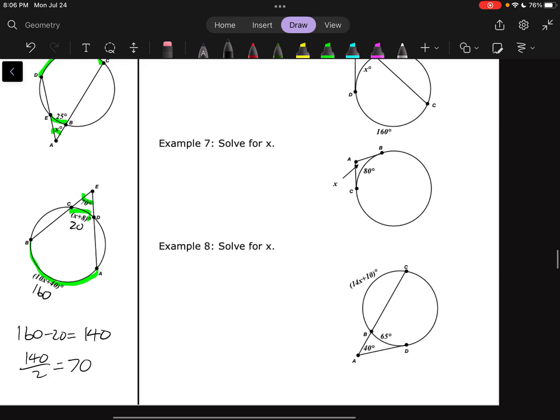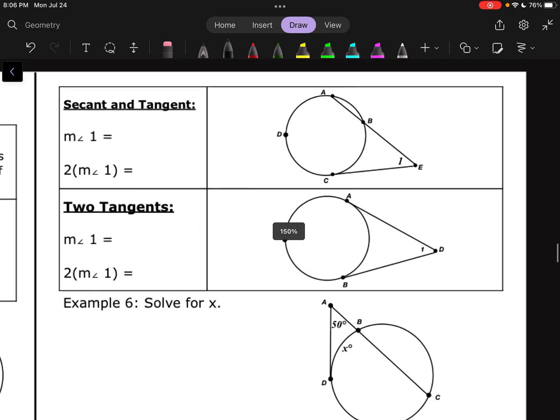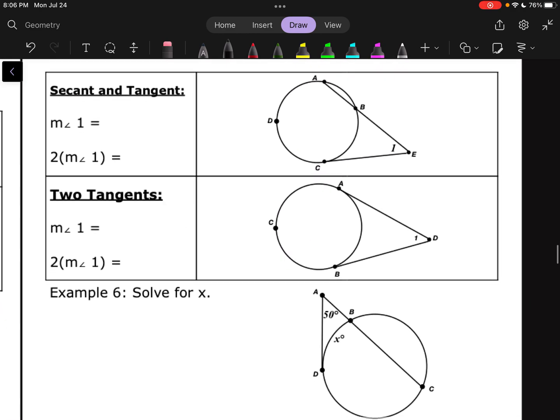Okay, let's go check out our last ones. So now we've got the secant tangent and the 2 tangents. Both of these are going to follow the same exterior intersection rule. They just look a little bit different. So in this case, angle 1 over here is going to be equal to 1/2 the difference of these 2 arcs.